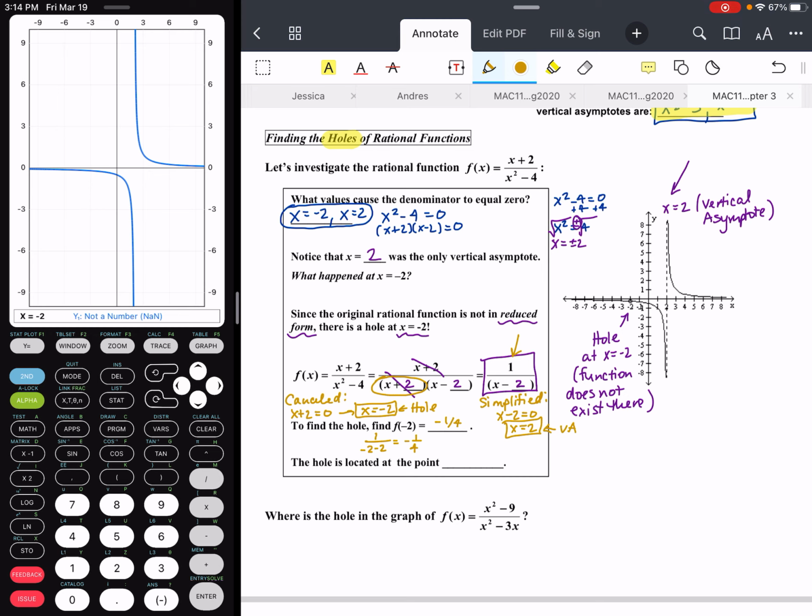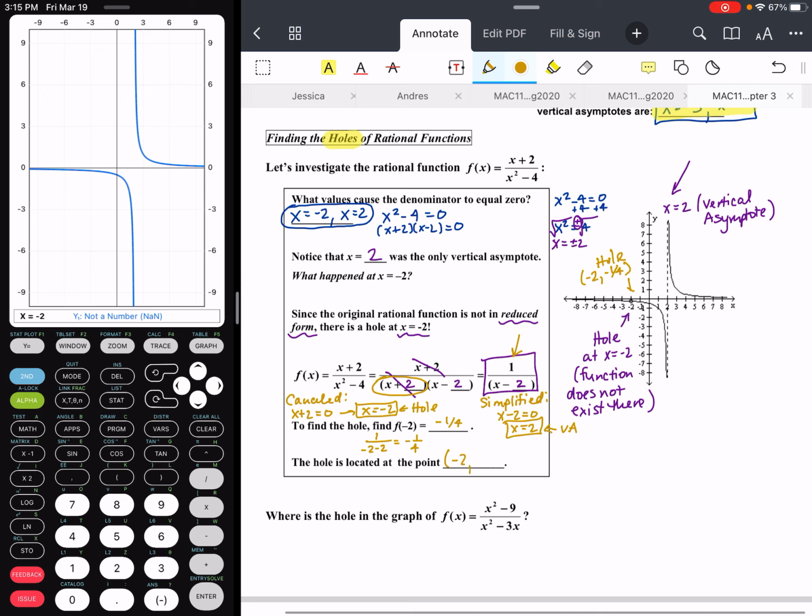So that's where that hole is drawn. So the hole appears at -2 and then -1/4 for y. But the function doesn't exist there, but that's where the point would be if it existed. Weird, but true.